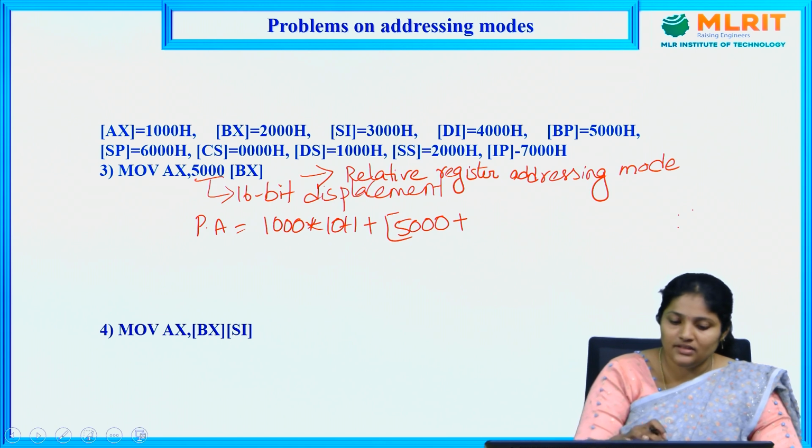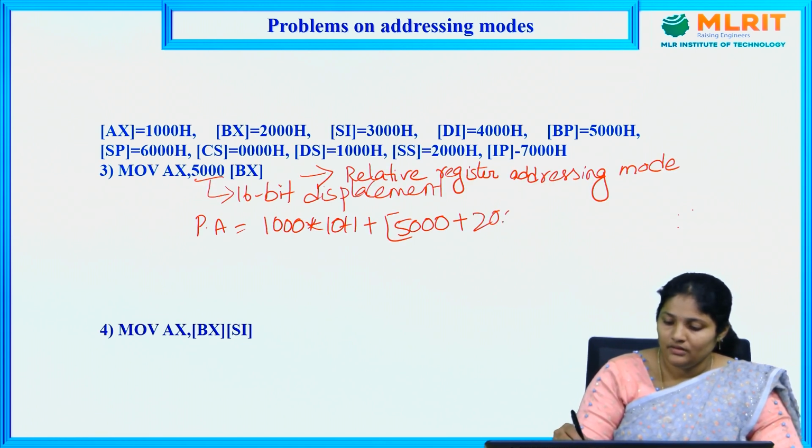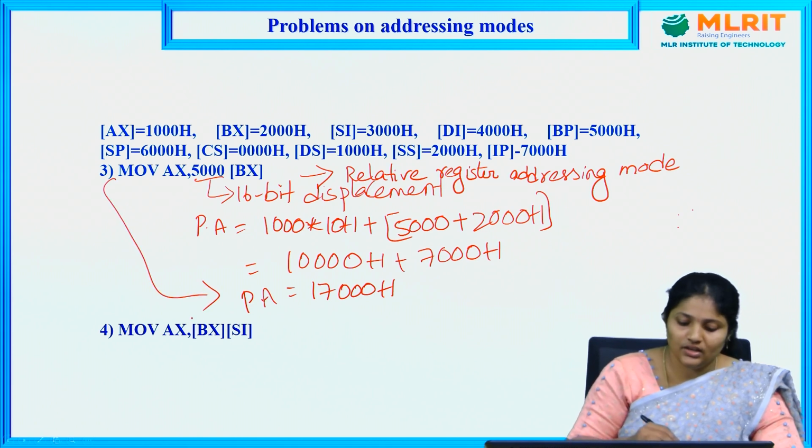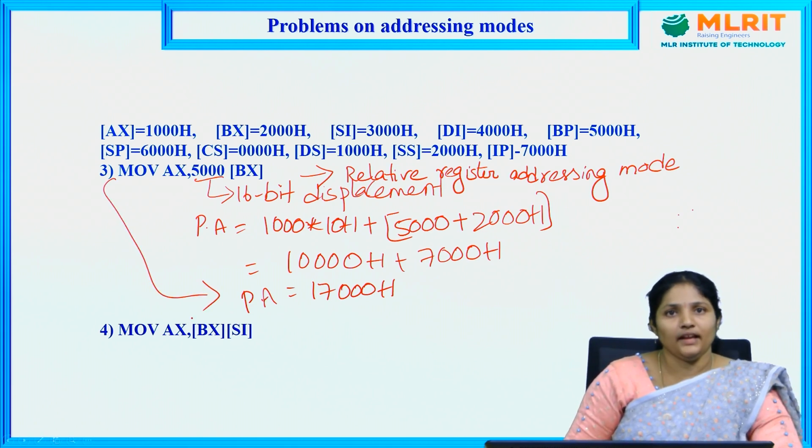What does the BX register have? 2000. So this will be added: 10,000 plus 7,000, which is nothing but 17,000H. So the physical address for this particular instruction would be 17,000H.